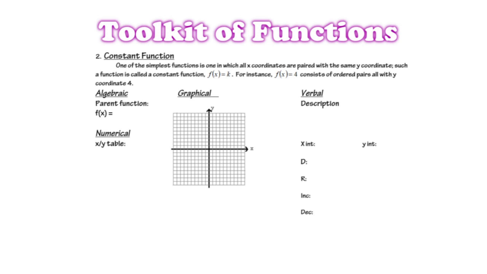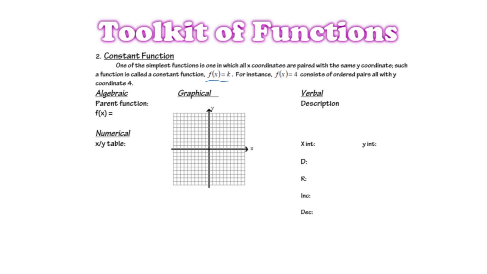So the constant function is one where all the x values are paired with the exact same y coordinate. That y coordinate will never change. It stays constant. The notation for an equation looks like this: f of x is equal to k, a number of some sort.